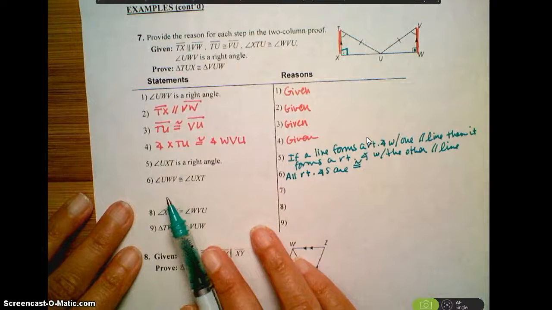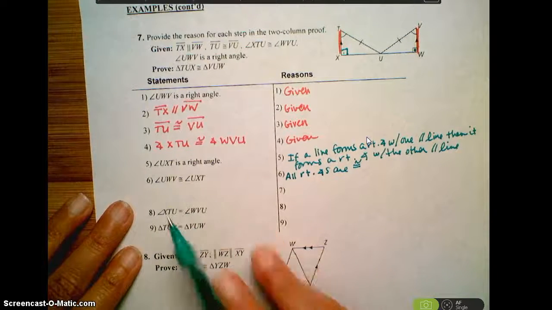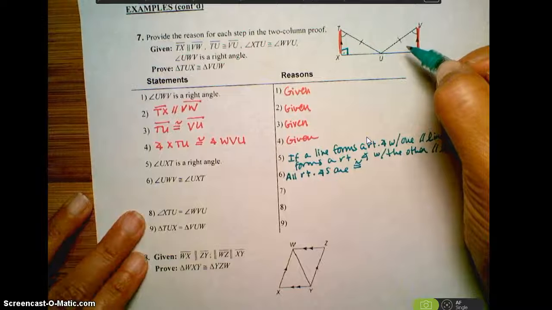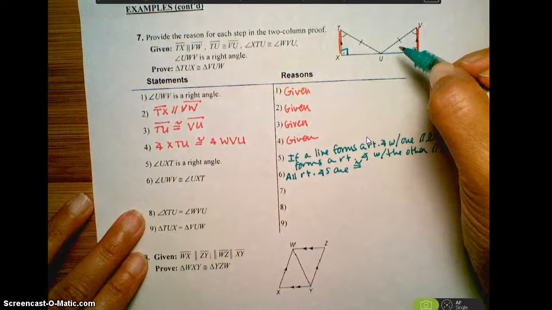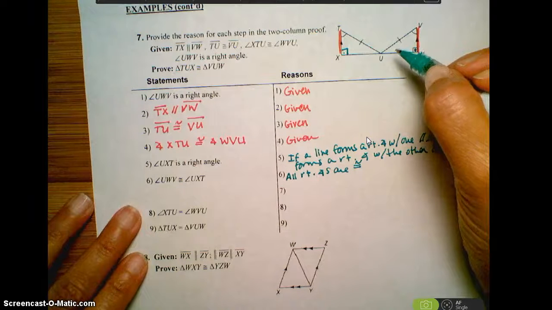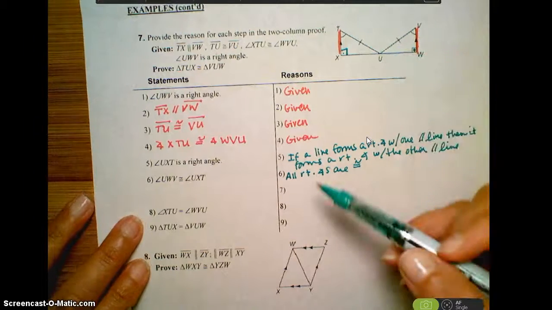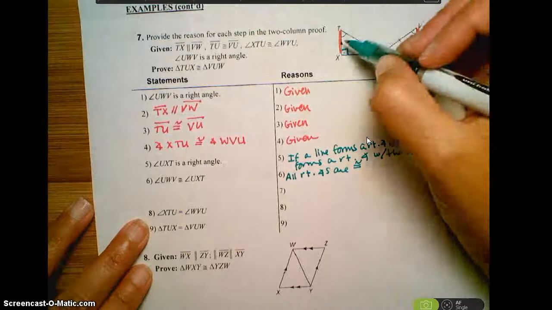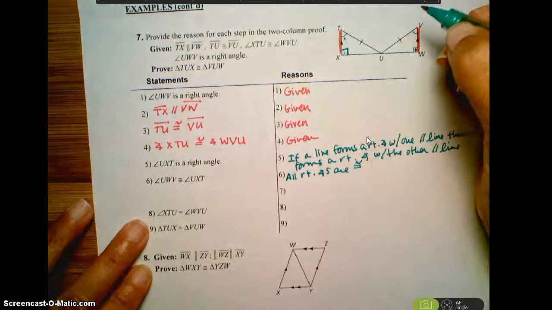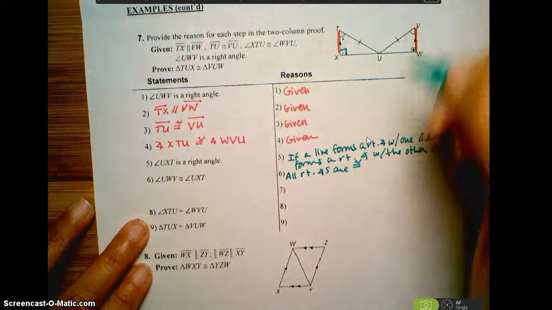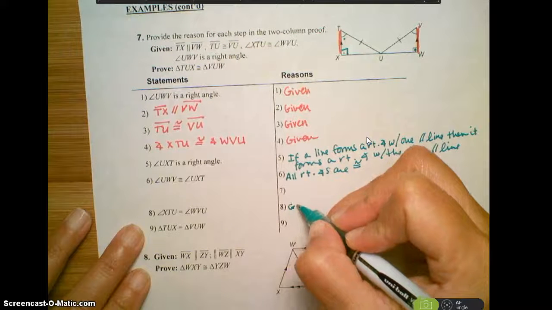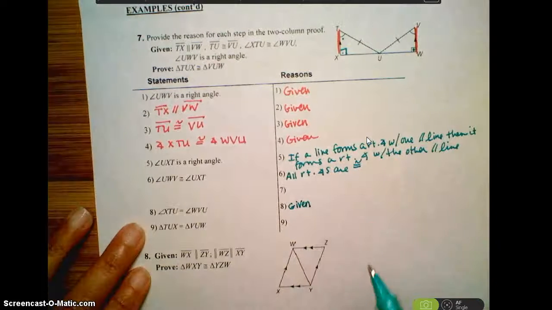Next one says angle UWV, we're missing a step. I'm not sure what happened. We're going to go ahead and continue on. Angle XTU, which is this guy, is congruent to angle WVU. And that was a given. We're going to go ahead and fill that in.